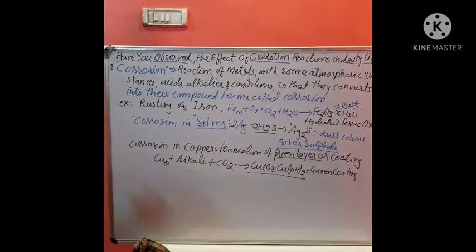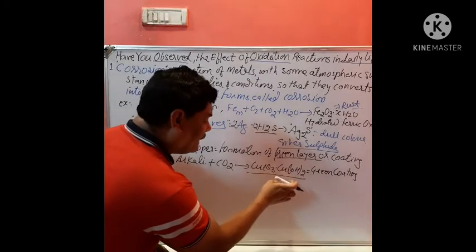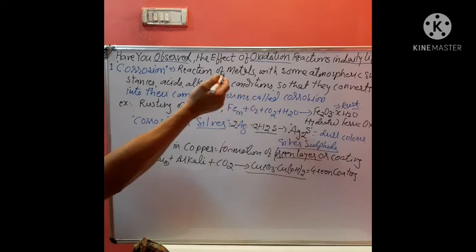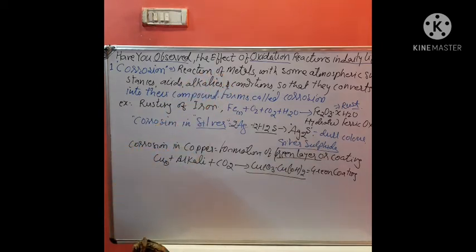This is called alkaline copper carbonate. So all these things are due to what? Rusting. Student, when we study the third chapter on metals, we will study corrosion in detail. There is one complete topic, but here we are only checking the oxidation reactions in daily life. Therefore, in short, I am explaining it.